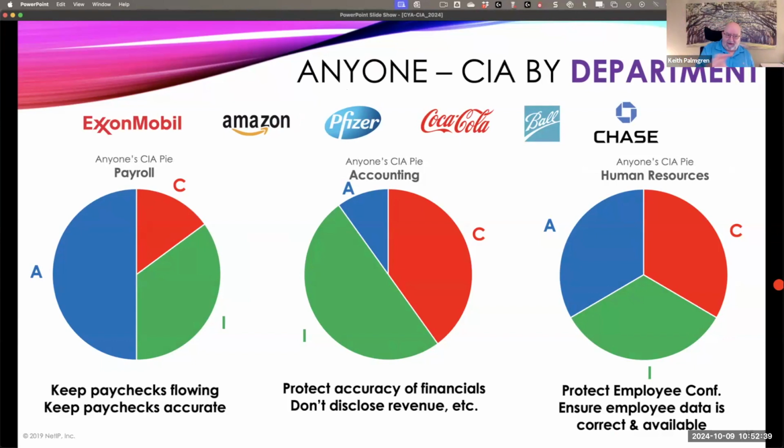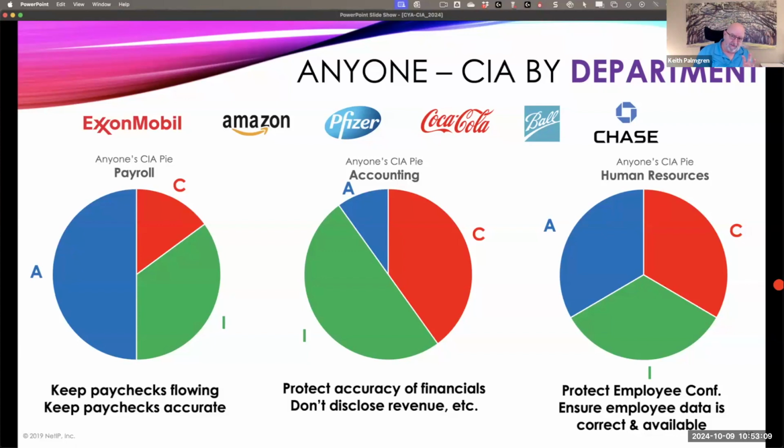You're going to see something akin to that for pretty much any company you happen to walk into, whoever it is. Okay. So as you're going through and you're trying to do your prioritizations, you not only do it based on what sector you're in, and keep in mind, some large companies like Amazon have multiple sectors, as I said, but then within that, by department, different prioritizations would also be appropriate. Okay.